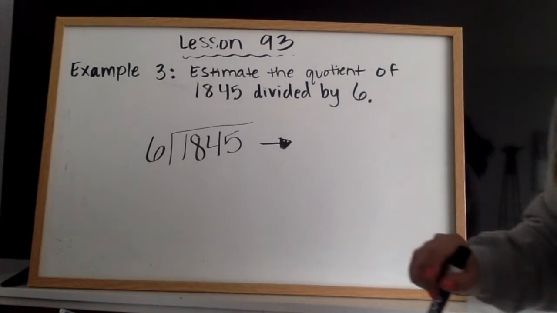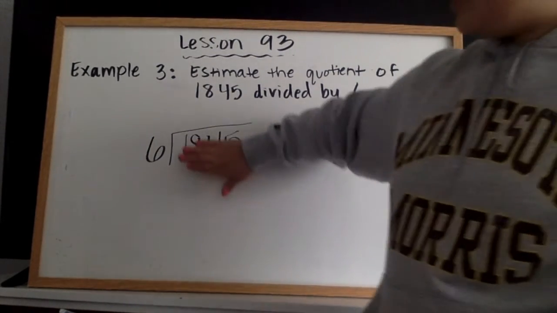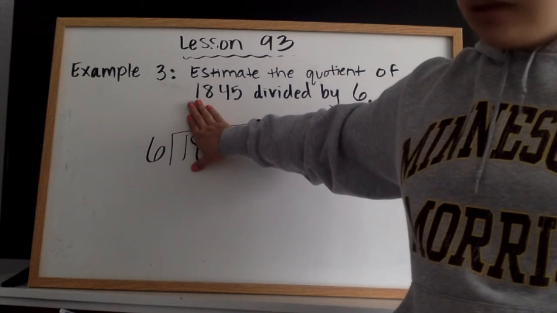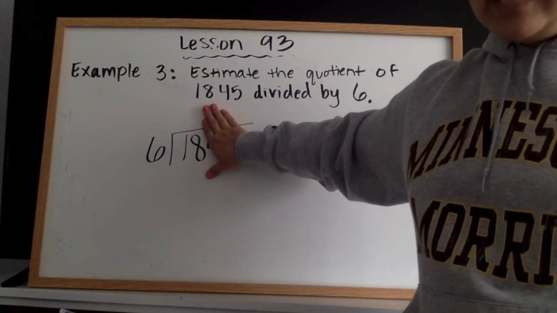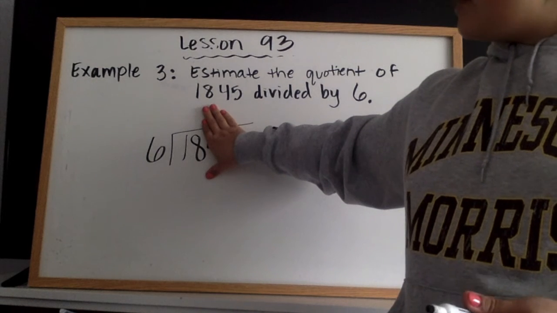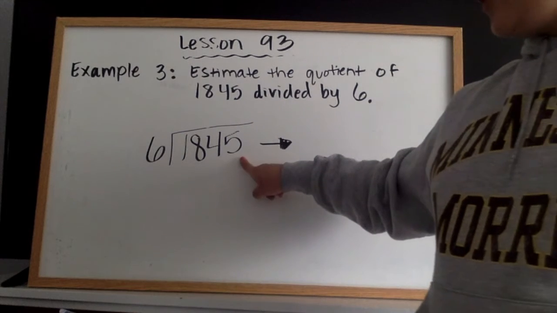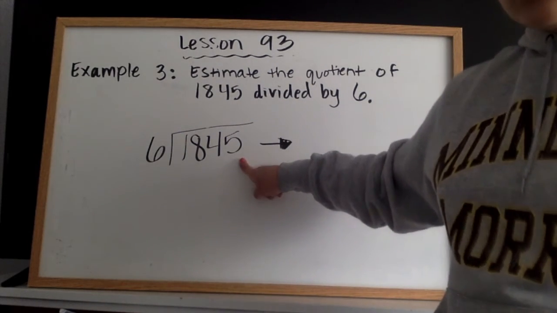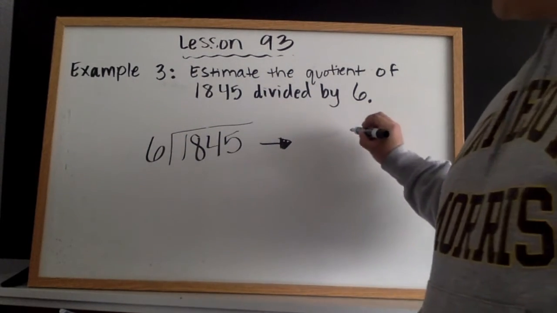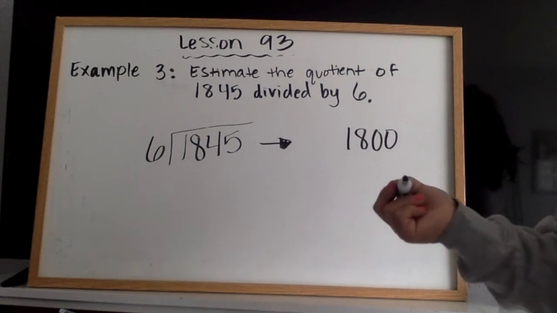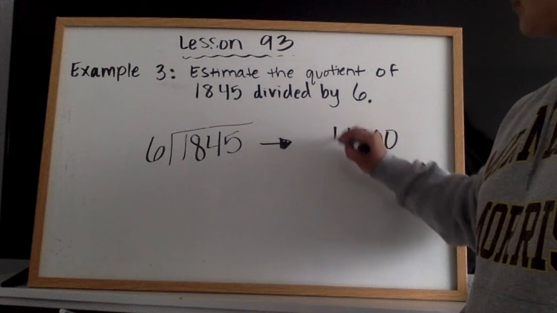Now, I like to look at the very beginning. Okay, 6 does not go into 1, but 6 does go into 18 3 times. So I would suggest that 1,845 is pretty close to 1,800. We just change this and put the 2 zeros there instead. That's a reasonable number.